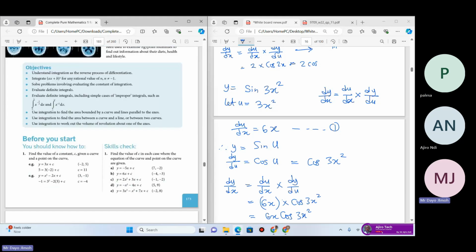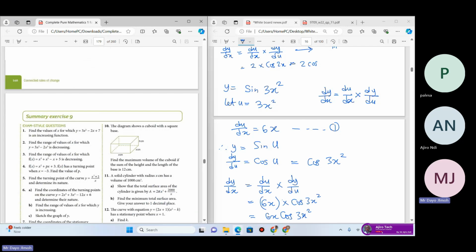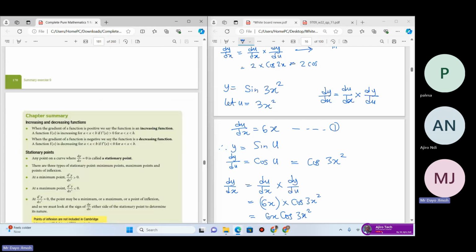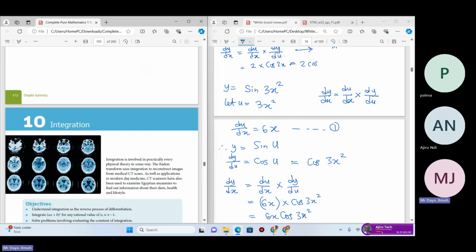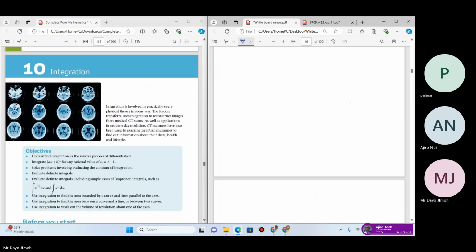Now, if we want to start integration, there's a table for differentiation. Let us at least write the table out. So the table for differentiation, we have y equal to f of x, and then the dy dx.